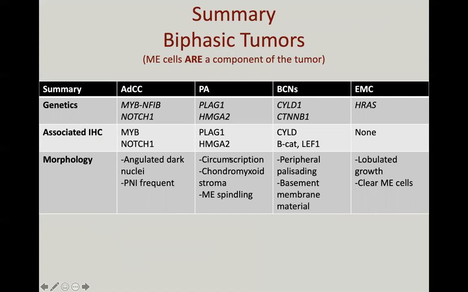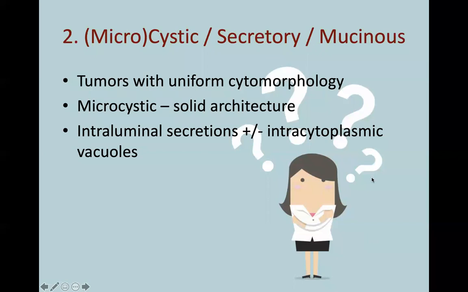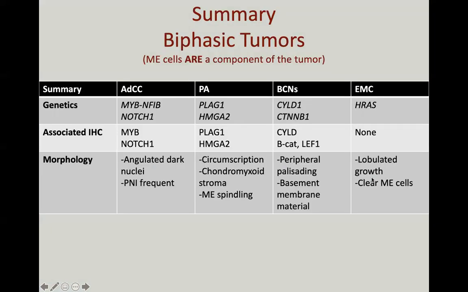Pleomorphic adenoma certainly should be circumscribed. The chondroid stroma will be diagnostic if you can see it. Basal cell neoplasms have that peripheral palisading with very pink basement membrane material, and epithelial myoepithelial tend to have lobulated growth with the very clear cytoplasm of the myoepithelial cells. So I've tried to put many, many charts because there are many ways in which one can frame any of these neoplasms.